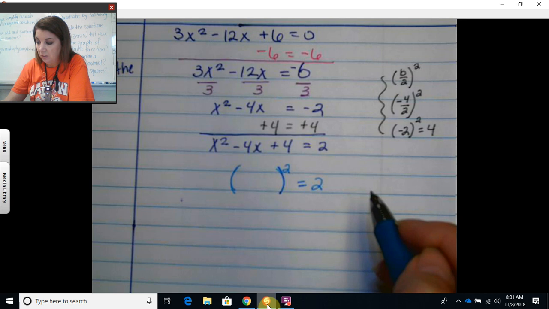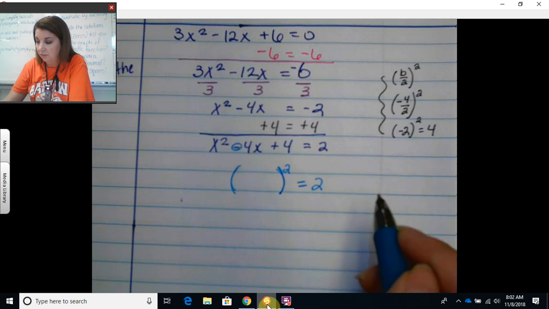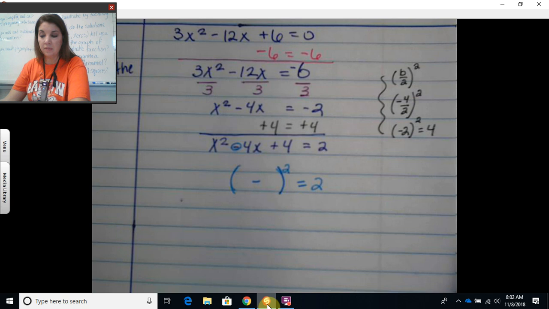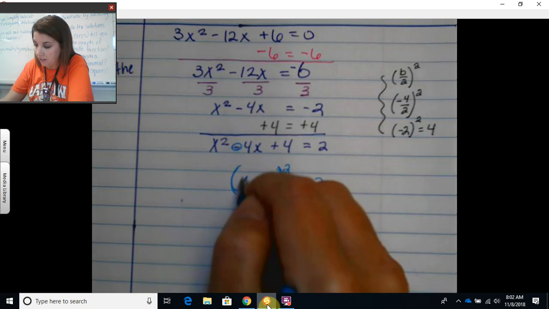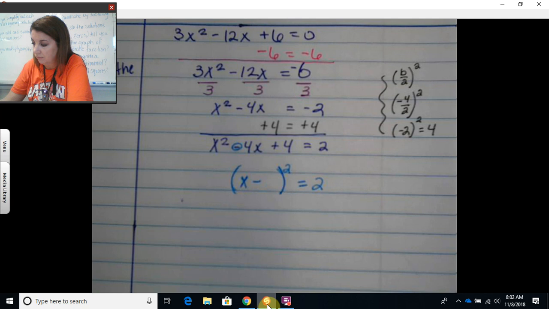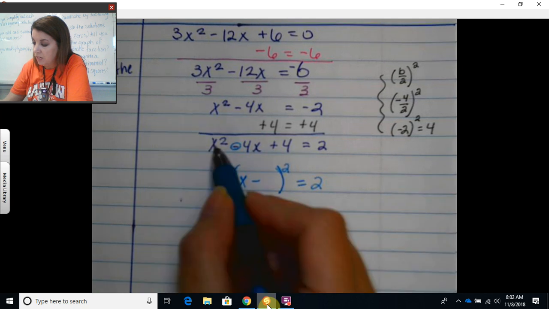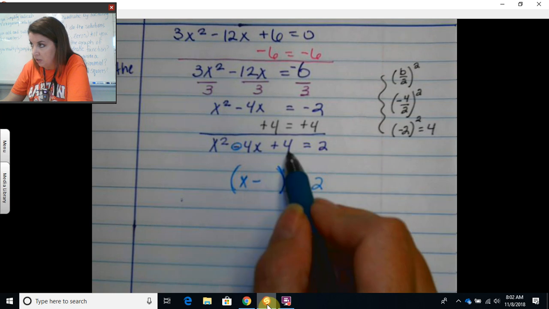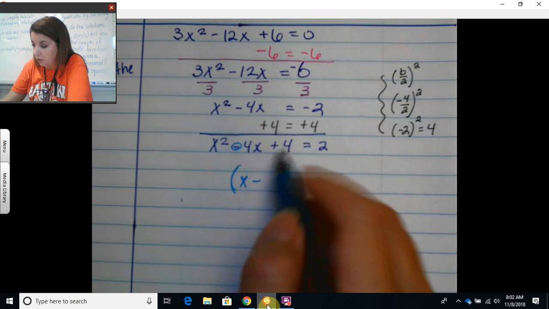It's whatever b is. Minus. What's the first term? X. How'd you get that? Square root of the first term, right? What is this last term? 2. Is it because of this 2 over on the right side? No, it's because it's the square root of the last term of the perfect square trinomial, right?